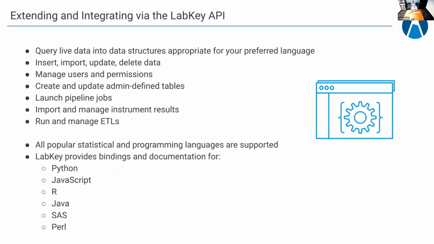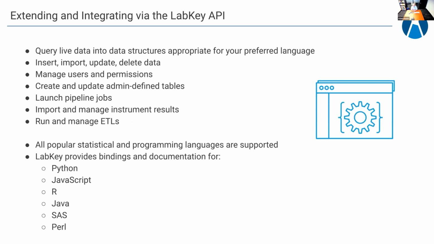All of Biologics, for instance, is built on the LabKey API, and that API is available for programmers to use if they wish. Just a few of the capabilities that API provides: the ability to query live data, to update, import and insert, and to manage users, pipeline jobs, permissions, assays and ETLs. All of the facilities that I've been talking about are controlled via an API, and can be controlled by an API.